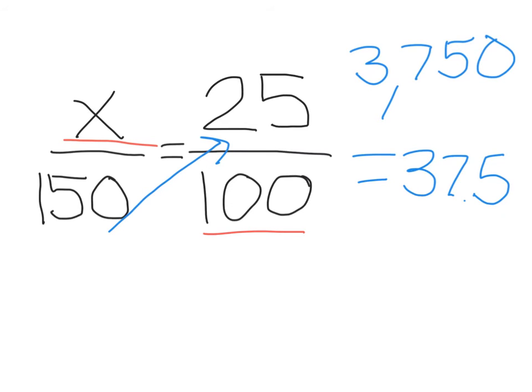To find X, or the discounted price of one of Justin Bieber's tickets, we have to take 150 minus 37.5. 150 minus 37.5 is equal to 112.5. That means that one of Justin Bieber's discounted tickets is equal to $112.50.